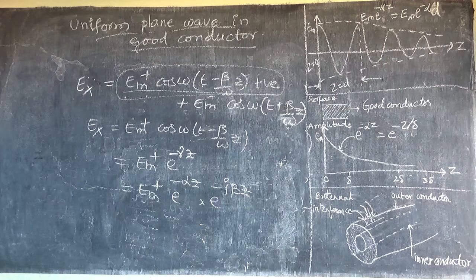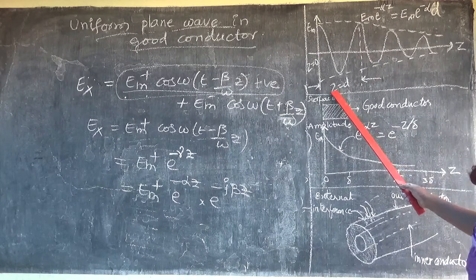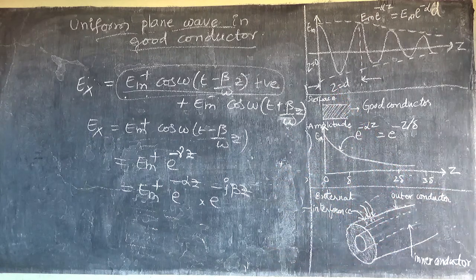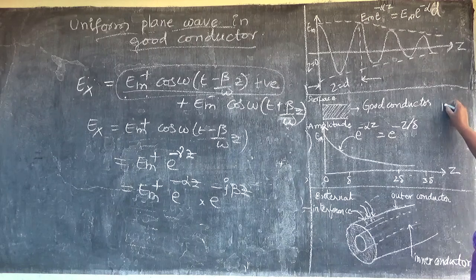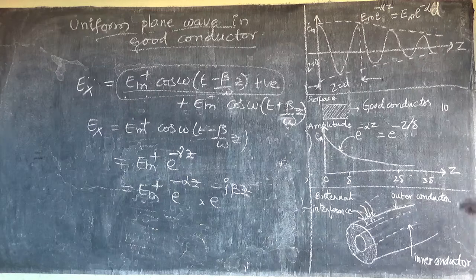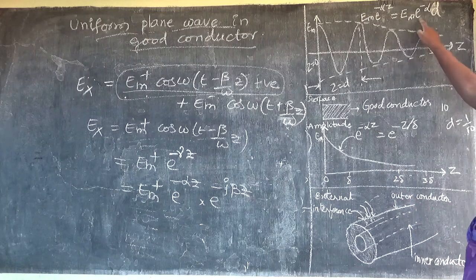Now we will do something. If you take the distance d equal to 1 by alpha, suppose alpha is 10. If I take the distance as 1 by 10, that is 1 by alpha, then what will it become?